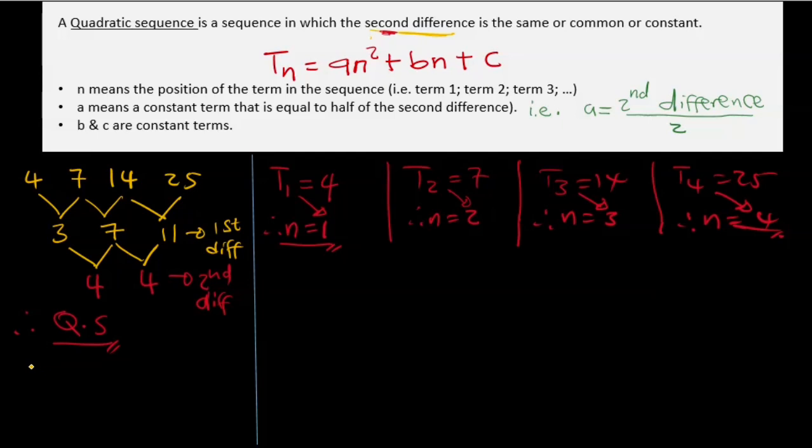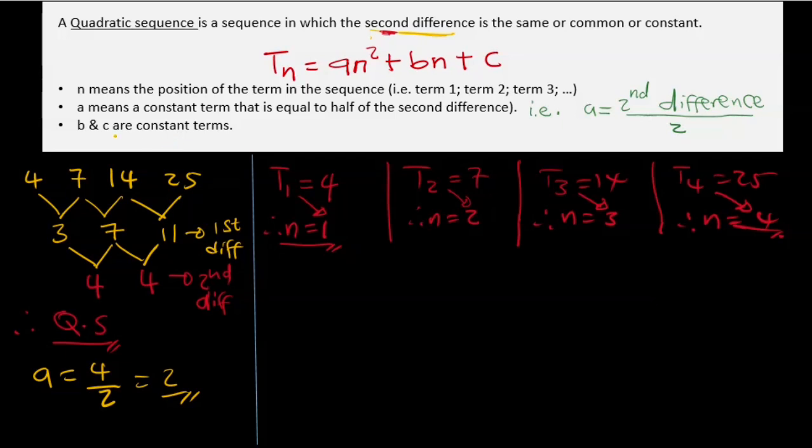Well, we have A, which is equal to half of the second difference, which is 4. The second difference is the number 4. Second difference divided by 2, so the answer will be 2. Moving on to the next part, B and C. B and C in this case are just constant terms.